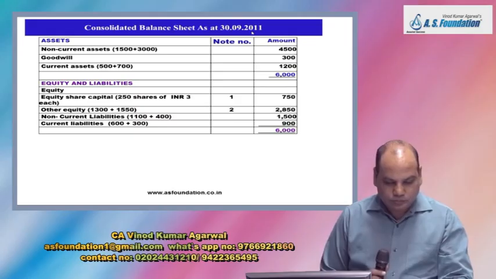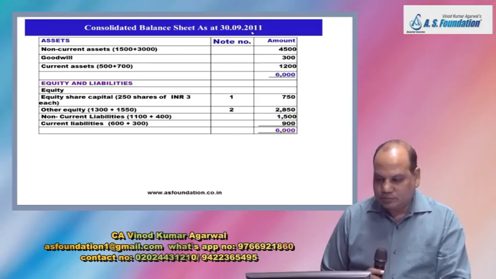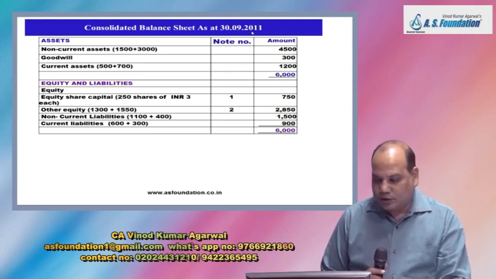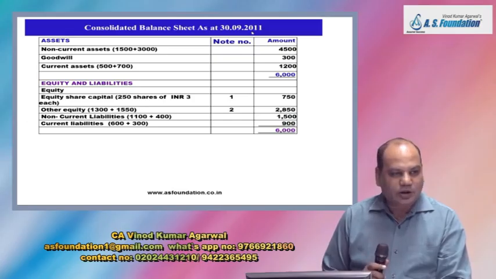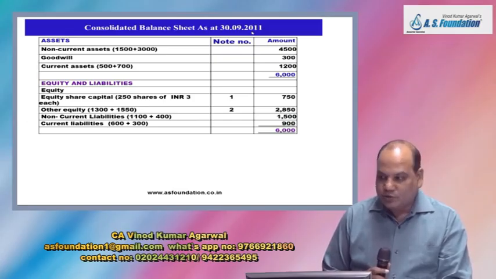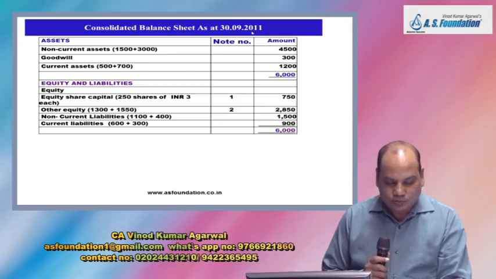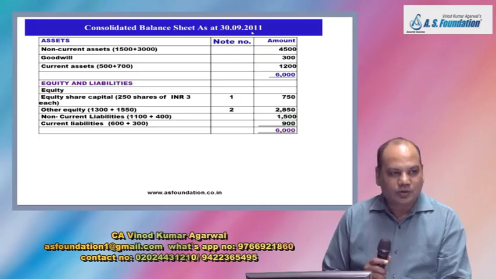Format: assets, note number, amount, note number for writing share capital and other equity if you want, otherwise ignore it. In this question, I am writing directly in the main page only, but otherwise what you will do in the exam, you will write in the form of notes with all the details, and if possible, draw statement of changes in equity. Okay.